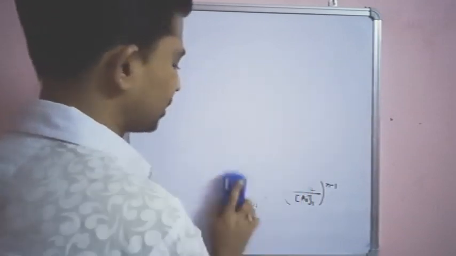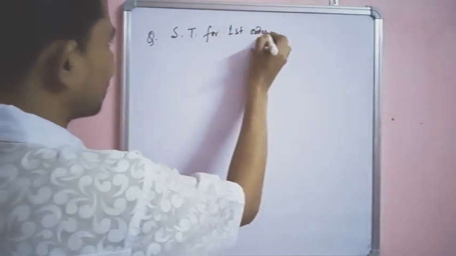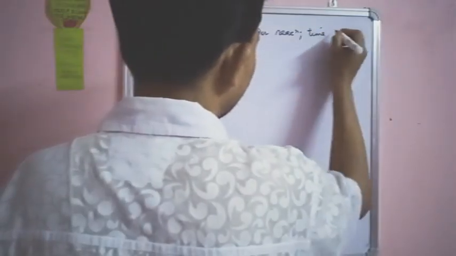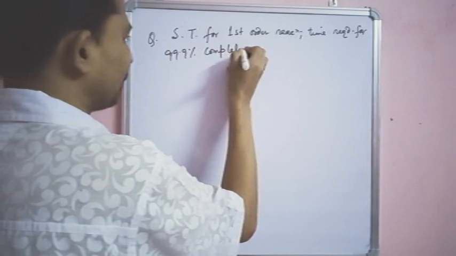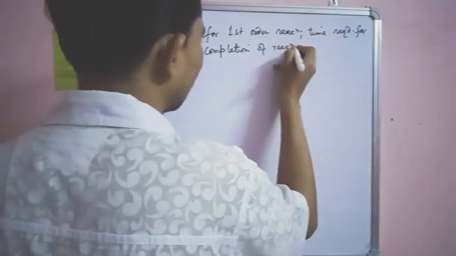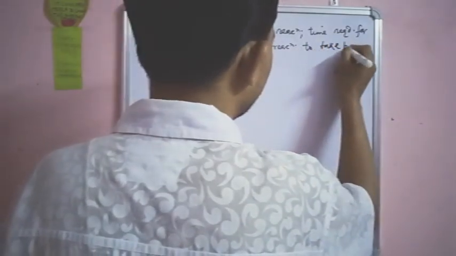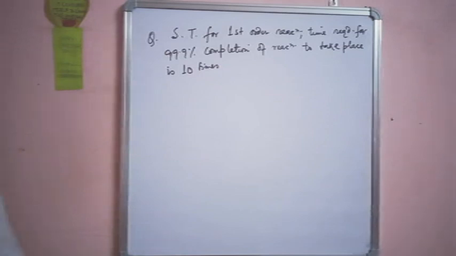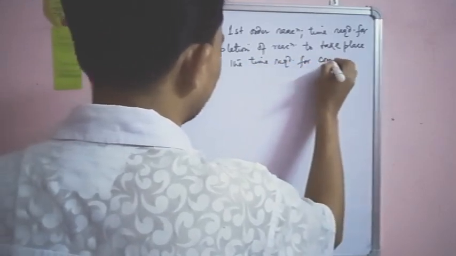Show that for a first order reaction, the time required for 99.9% completion of the reaction is 10 times the time required for completion of half of the reaction.